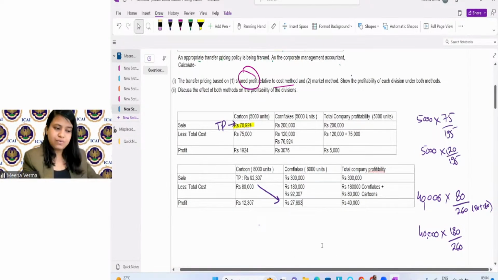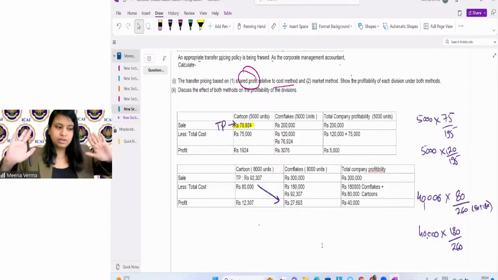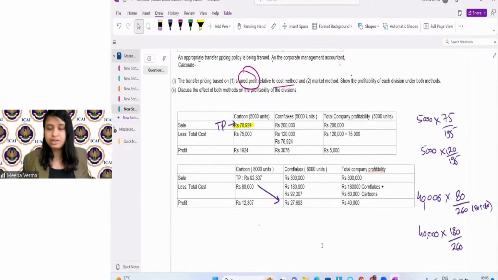So in this way, you can see they are allocating the total profit to these two products, to these two departments, on the basis of their cost. Then on the basis of the profit allocated to them, they're finding the total cost and the transfer price.